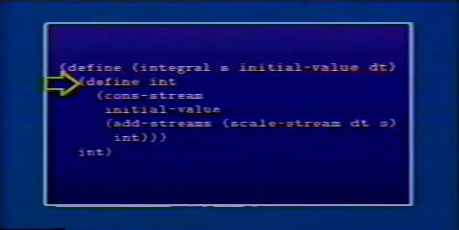And int is defined to be something that starts out at the initial value, and the rest of it is gotten by adding together: we take our input stream, scale it by dt, and add that to int. And now what we return from all that, the value of integral, is this thing int. And we use this internal definition syntax so we could write a little internal definition that refers to itself. Okay.